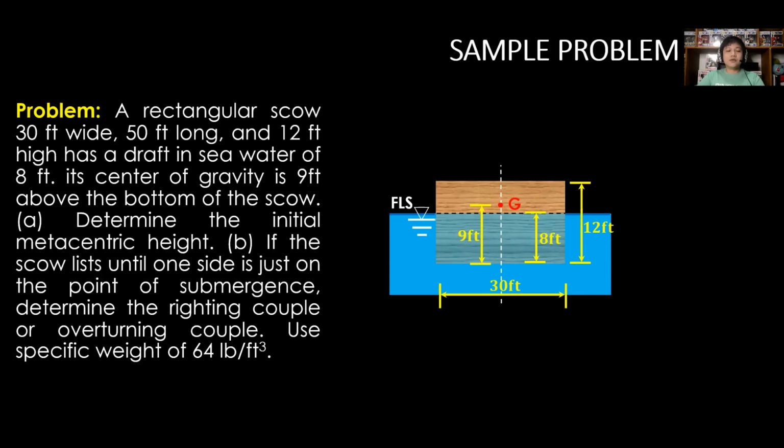For letter A, determine the initial metacentric height. For B, if the scow lists until one side is just on the point of submergence, determine the righting couple or overturning couple. Use specific weight of 64 pounds per cubic foot. Again, this is sea water unit weight.